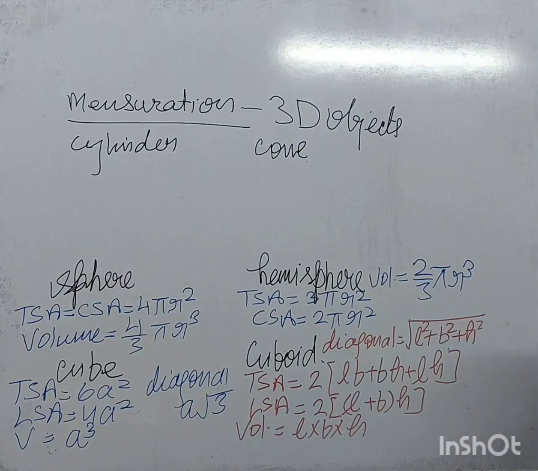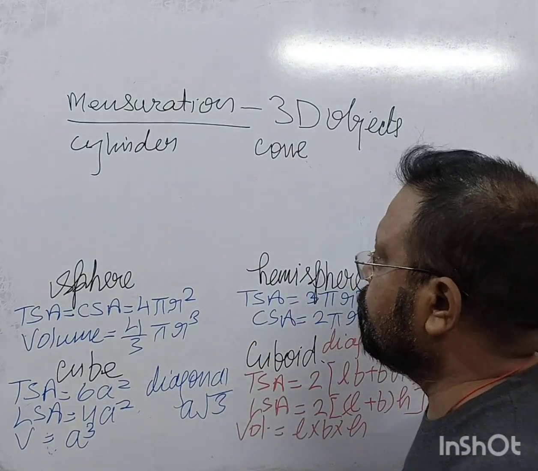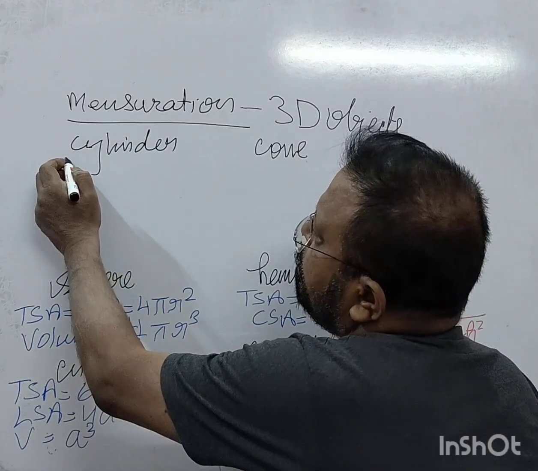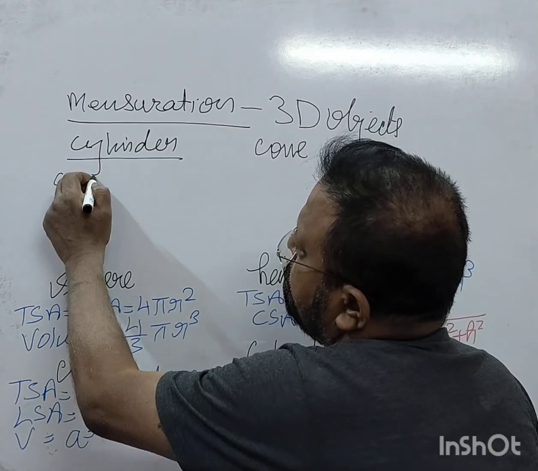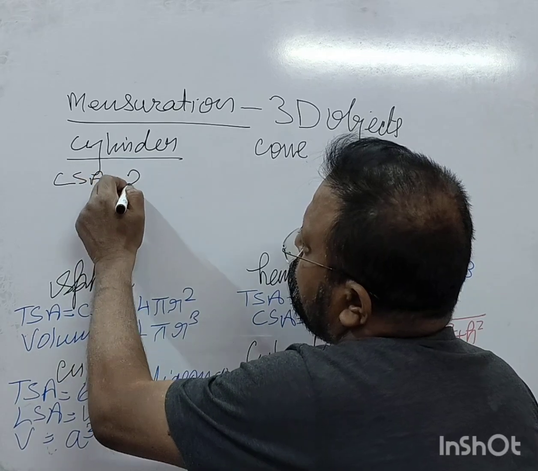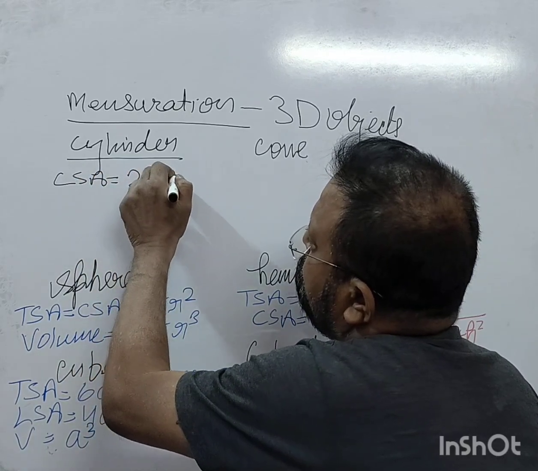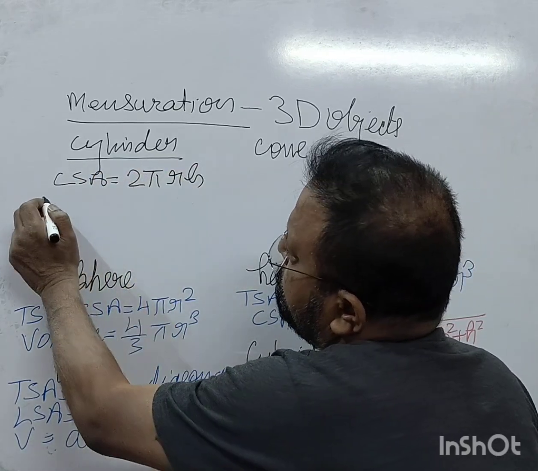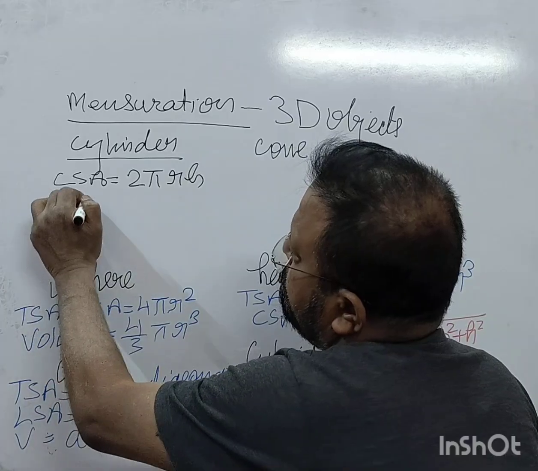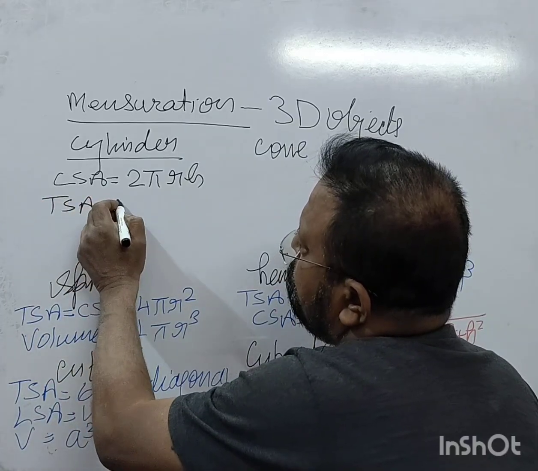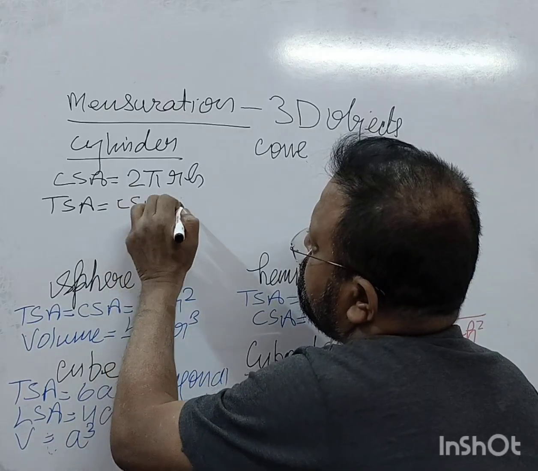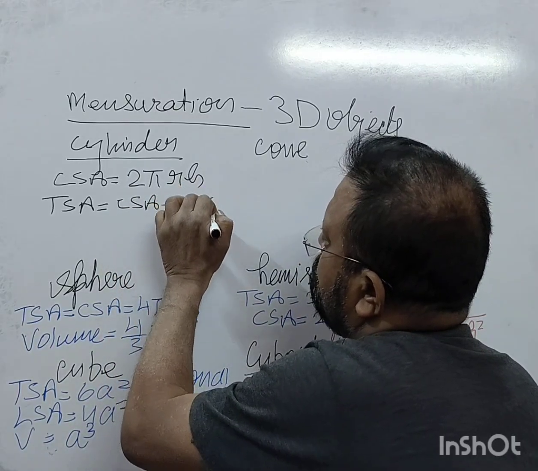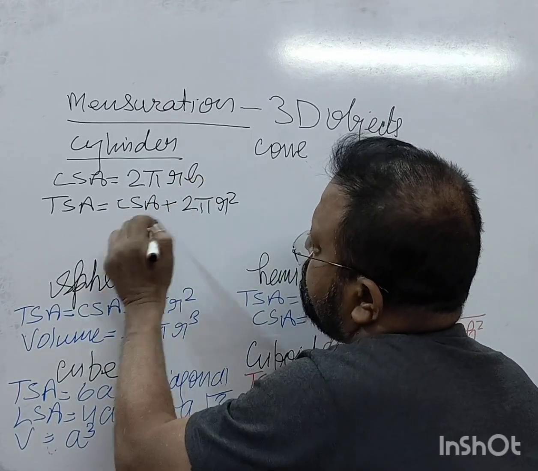You have cylinder. CSA is equal to 2 pi rh. TSA is equal to CSA plus 2 pi r square, the area of two circular ends.